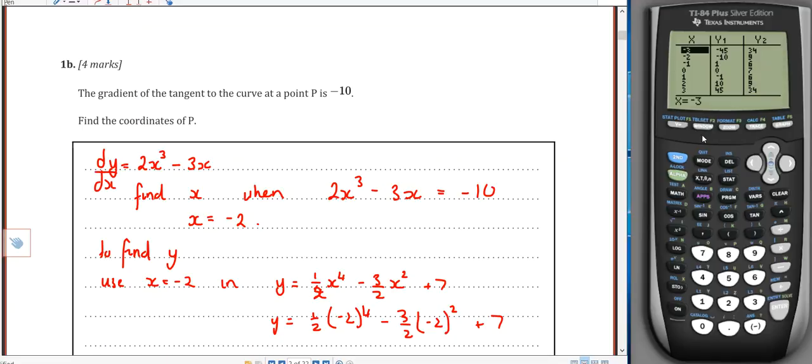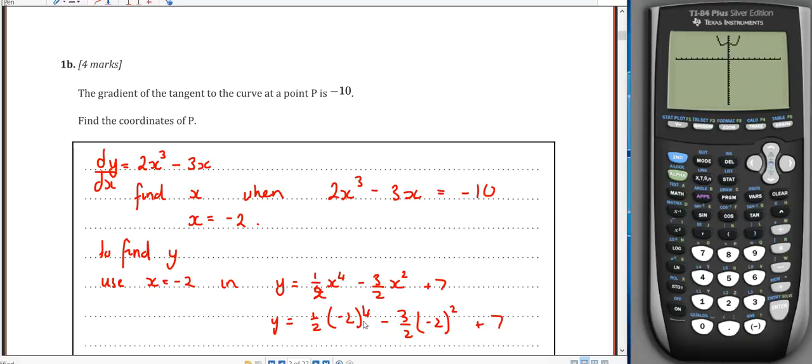Or, as Case did, that function goes into your calculator. I'm actually going to switch off the gradient one now, so that I've just got the other one on my screen.